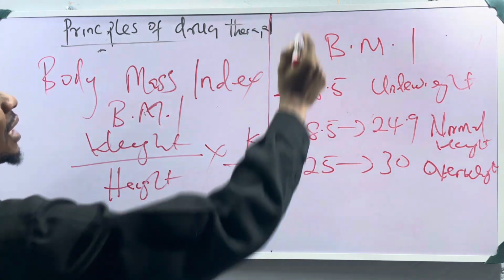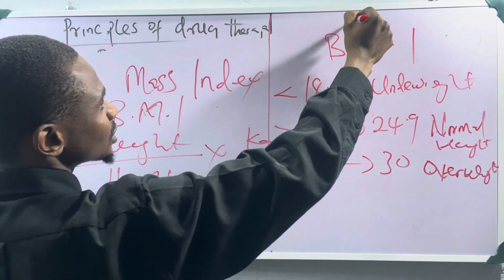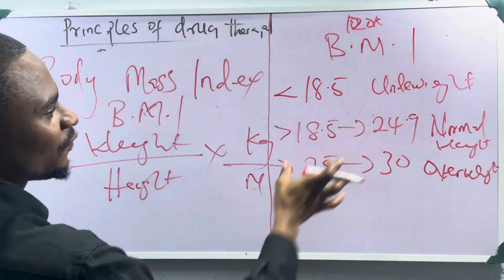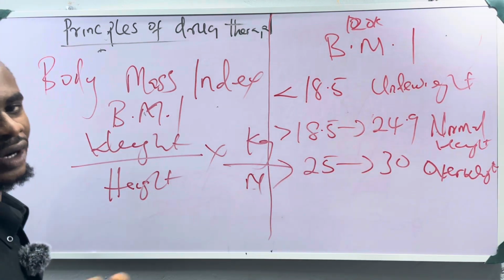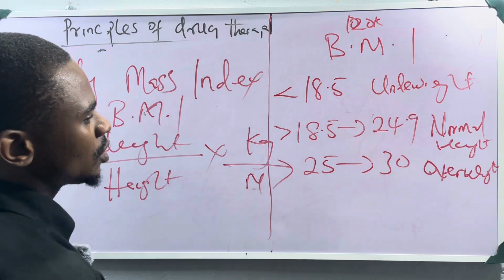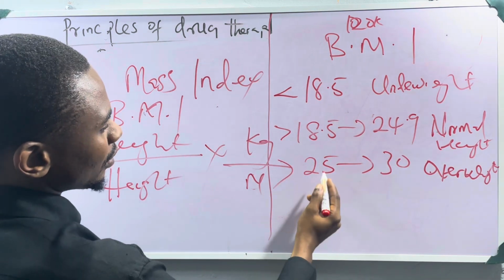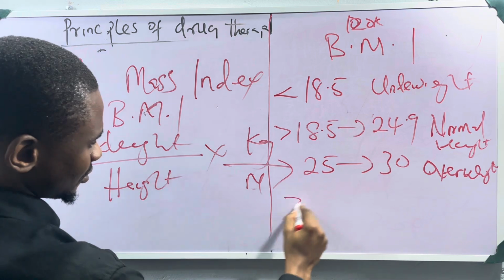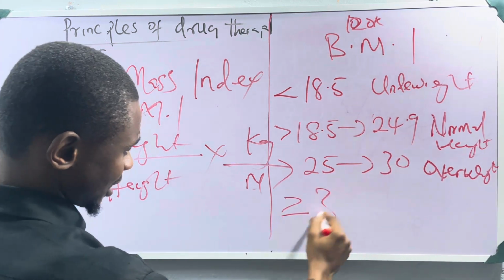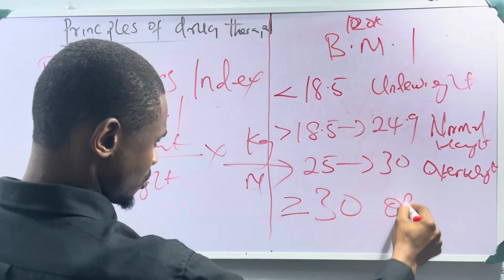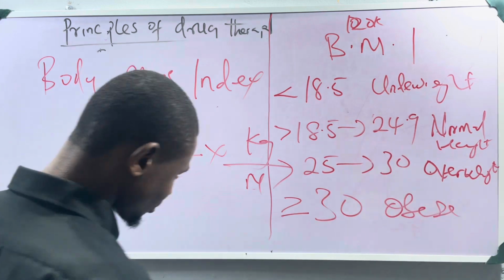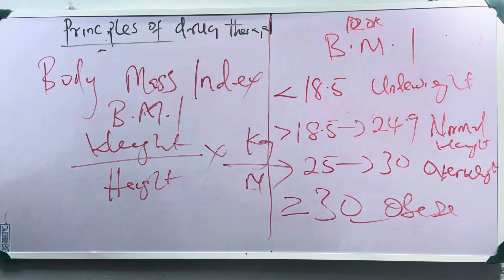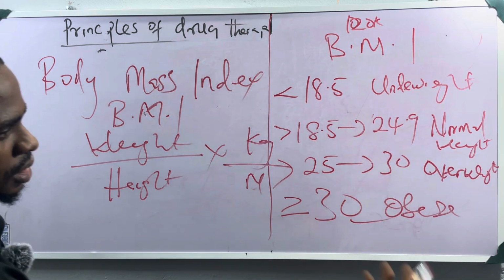There are some people who weigh 120 kg, but when you check it with their height and it falls within the normal range, the person is not overweight. The person has a normal weight. Now, people that have around 25 to 30 are overweight. People that have greater than or equal to 30 are regarded as obese. It's when your BMI is above 30. So this is the range. When your BMI is above 30, you are obese.